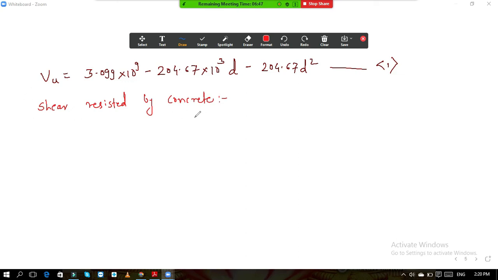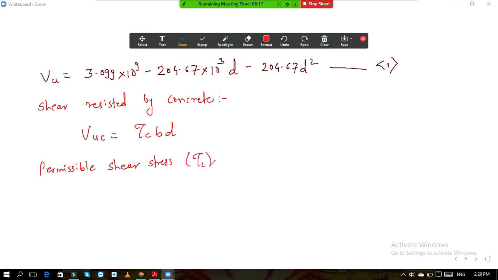So the shear resisted by the concrete can be calculated as Vuc, that is shear resisted by the concrete, it is tau c b d. First of all, we will calculate this value of tau c, the permissible shear stress.